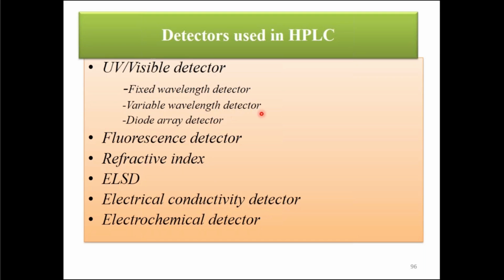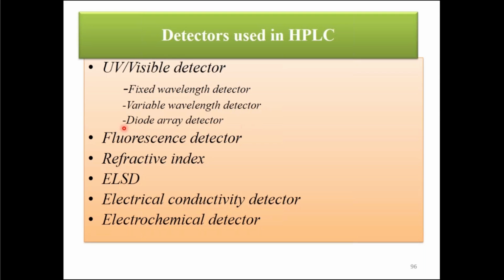And a variable wavelength detector means we will be using a wavelength selector with a polychromatic source, and different wavelengths can be made to fall on the flow cell through which the mobile phase is traveling. That's called a variable wavelength detector. With this, we can measure at different wavelengths.